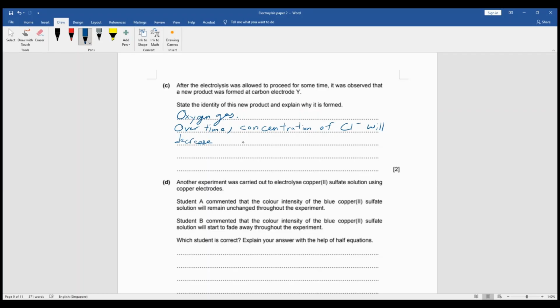It's good enough to say that. The concentration of Cl minus will decrease, and the concentration plays a part in who gets discharged, and therefore OH minus ions become preferentially discharged.